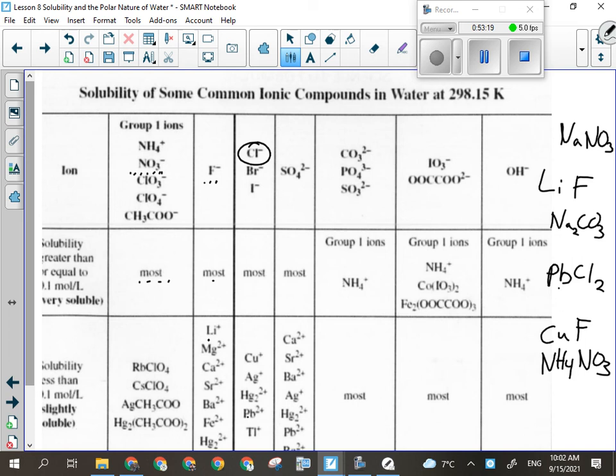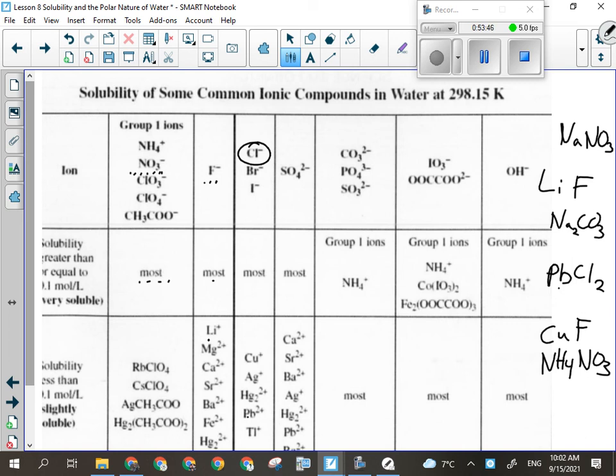It didn't list lead 4, so it would be soluble with lead 4. And then for copper 1 fluoride, it's important that I know this is copper 1 because it's multivalent. Copper 1+ is soluble with fluorine because I don't see it here in the non-soluble row, so that would be part of most.